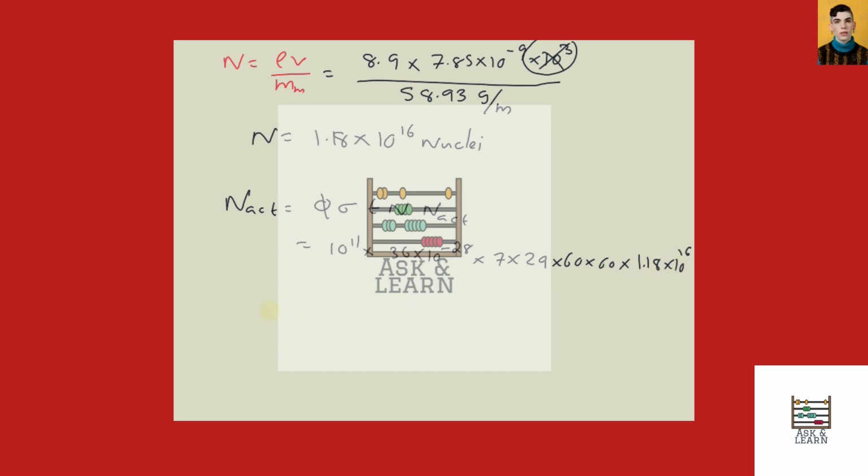So the number of cobalt nuclei activated by neutron will be equal to N act will be equal to 2.57 times 10 to the power 6, that is the number of nuclei required.